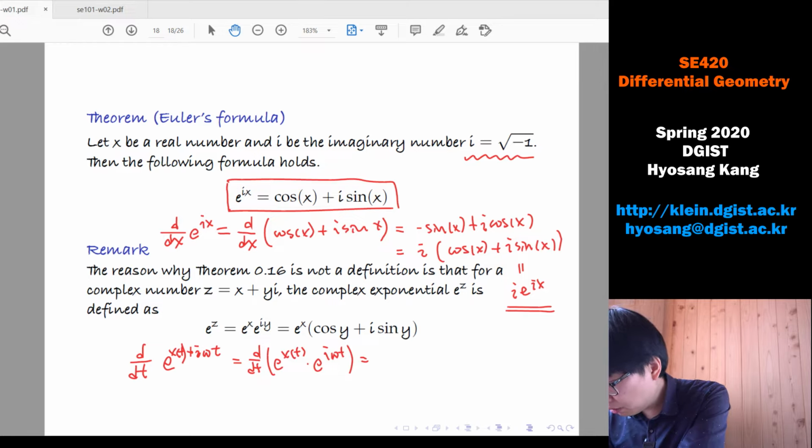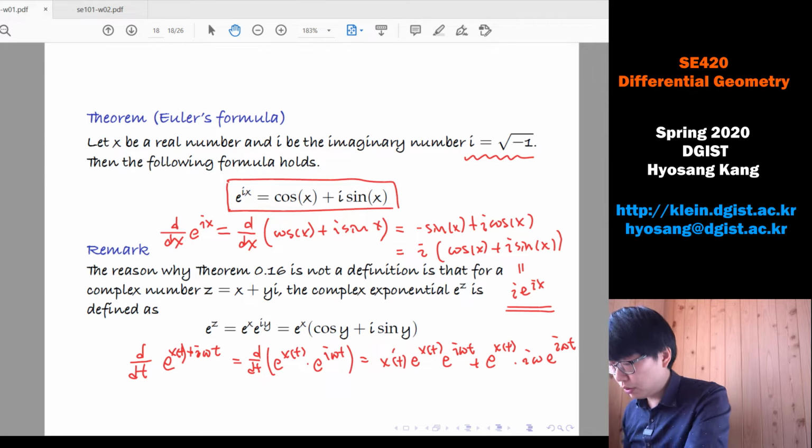So you take the derivative of the first part, x prime t, e to the x(t), and e to the i omega t, and then take the derivative of the second part, which is i omega e to the i omega t. So that's the result of the derivative of a complex power of exponential.